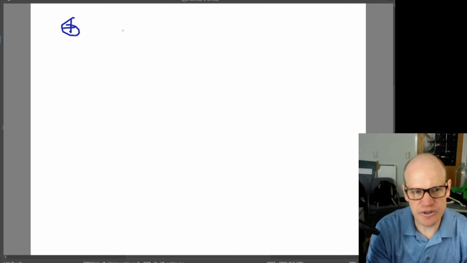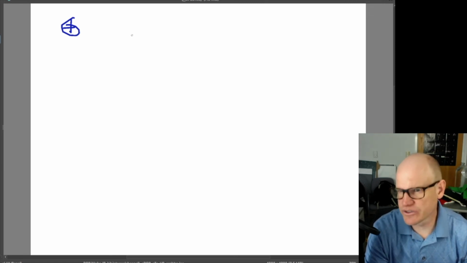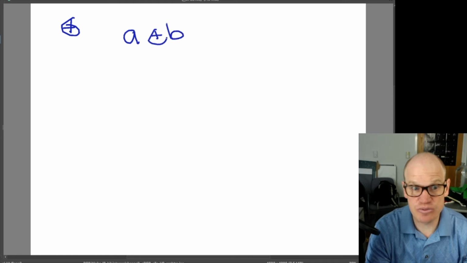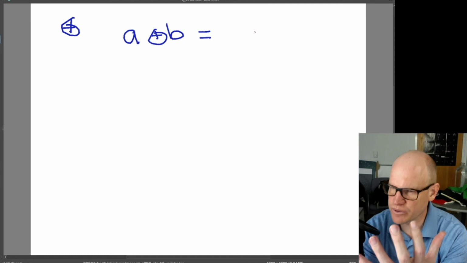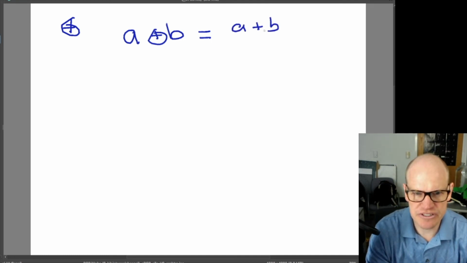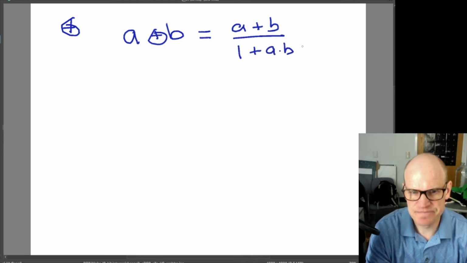This will also work on the rational numbers, but we're going to work with the real numbers. I'm going to claim that if I add two numbers together, a circle plus b, it is defined as, instead of doing regular addition, you do this: a plus b, that's regular addition, and then plus a times b.